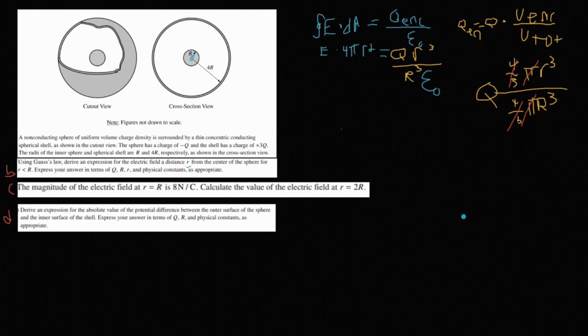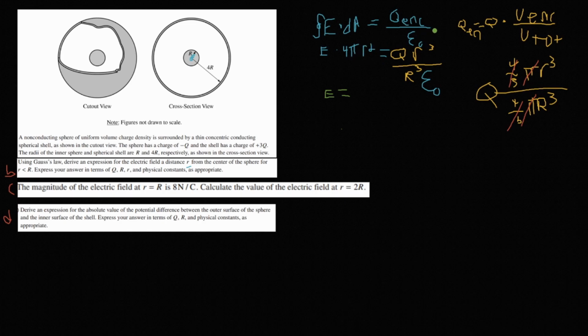Alright, the magnitude of the electric field. Oh wait, I've got to solve for E on this earlier problem, so let me quickly do that. Just divide both sides by 4 pi little r squared.